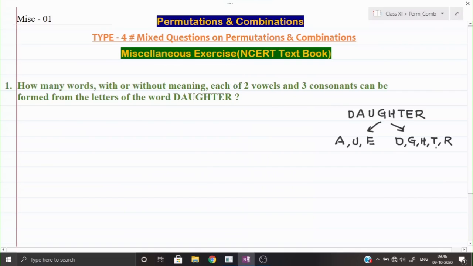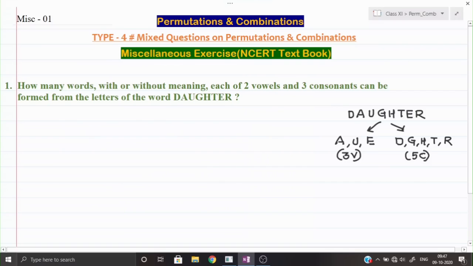Here 5 consonants and 3 vowels we have. In short I will write down 3V and 5C to be clear for us.